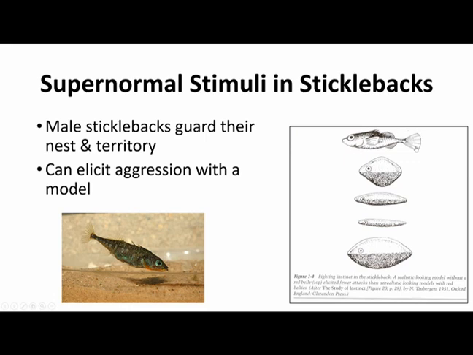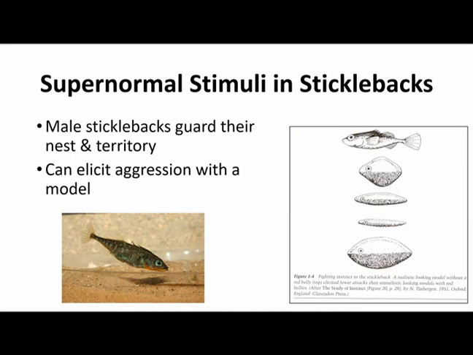And so they have a fish-looking one, and then they have all of these strange shapes where some of them kind of look like a stickleback, but without the fins. And some of them are just like blocks of wood that are painted red on the bottom. So kind of squarish, too fat, too thin. And all of these end up eliciting that aggressive response from male sticklebacks. So the shape itself doesn't really matter.